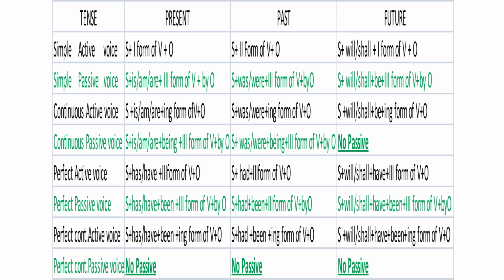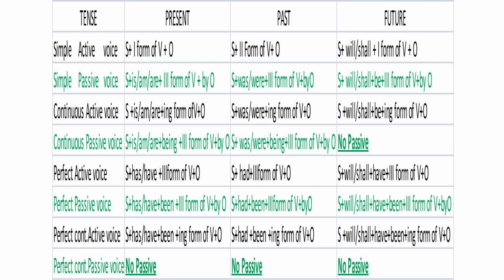Now when we come to the future tense, it is almost similar to the present tense with only one change, that after the subject we will have will or shall. Just observe. Simple future, what will be the structure? Subject plus will/shall plus be plus third form of verb, in passive voice.